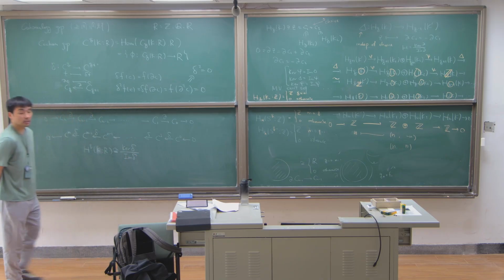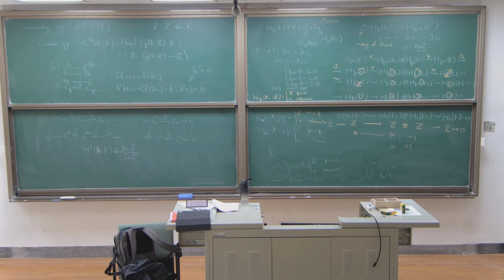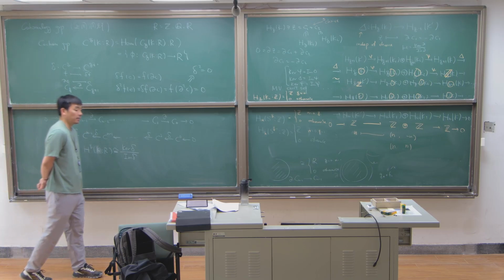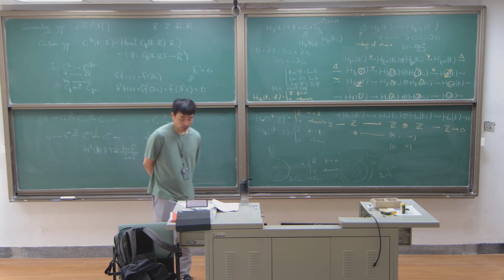We can again just take the kernel of down divided by the image of down, like this. And then we can have a natural pairing.